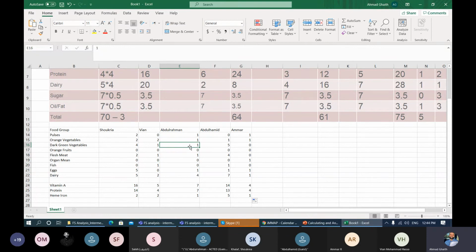It could tell us about the availability of food that is nutrient rich. It can also tell us about the household's ability to pay for this food. These foods that are nutrient rich tend to be more expensive.